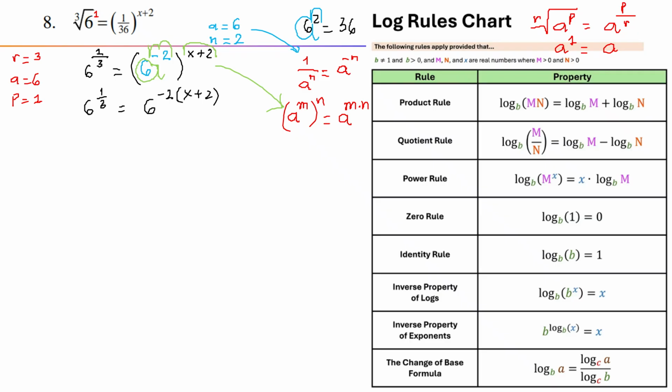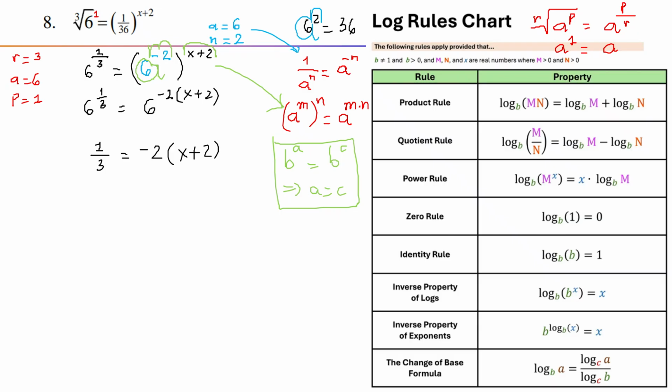Now, remember, if we have the same base, the exponents will be the same. So now we have the same base 6. We just set the exponents equal, so 1 over 3 equals negative 2 times x plus 2.